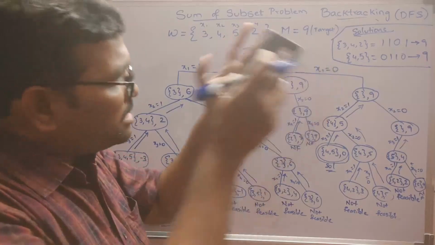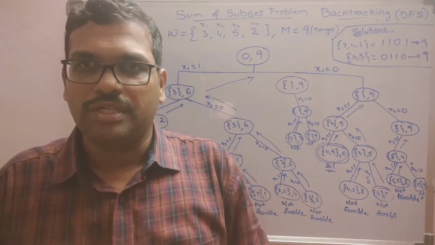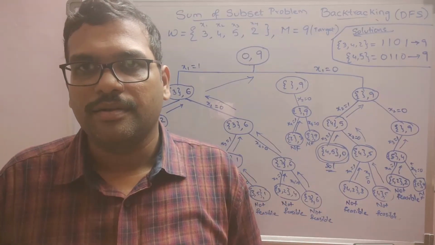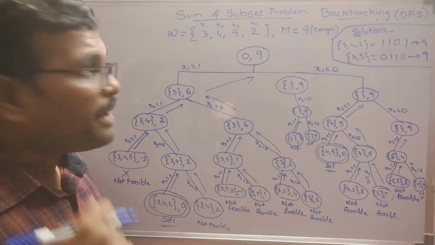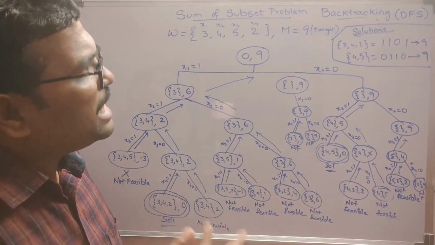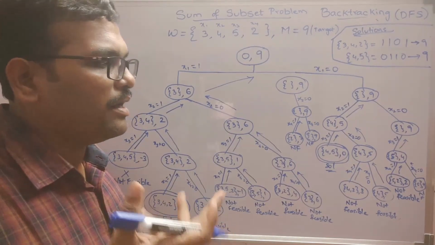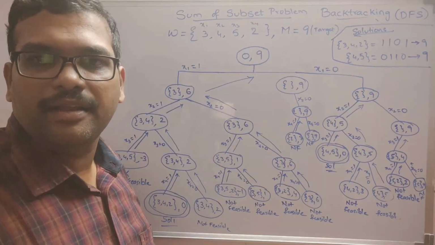And backtracking is mainly to identify the multiple feasible solutions, not the best or optimal solution. Right? So hope you understood this one, and practice with more examples so that you can get a complete, clear-cut idea about the sum of subset problem using backtracking.